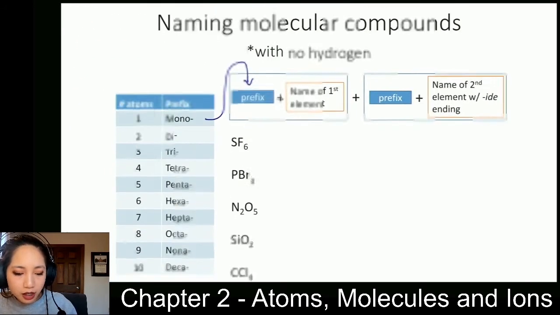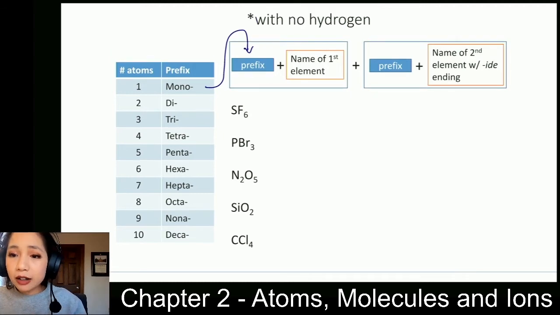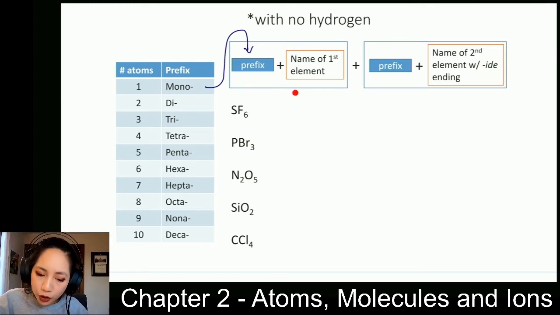So this slide summarizes what I just said, how to name binary molecular compounds that don't contain hydrogen as one of the nonmetals. You name the first element, then the second. In the first one, you always indicate the prefix unless it's mono.